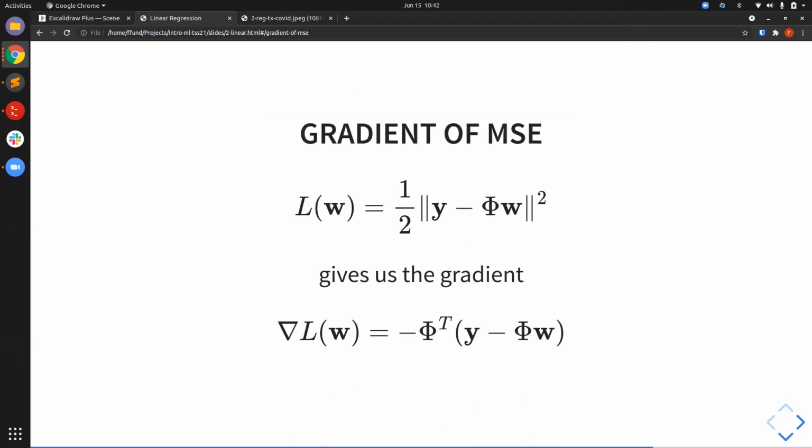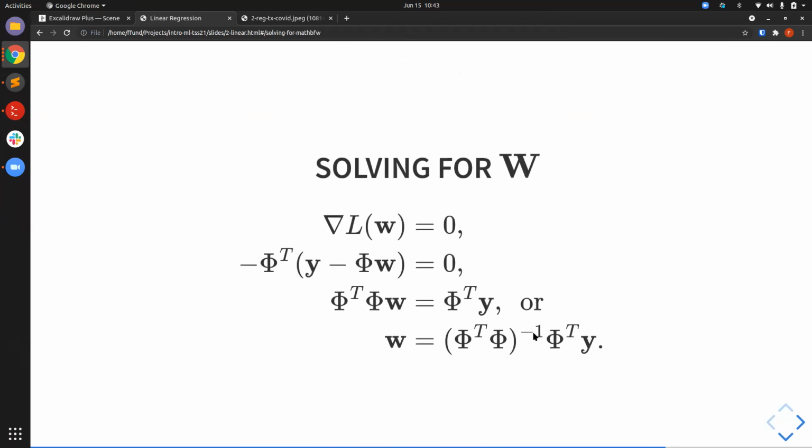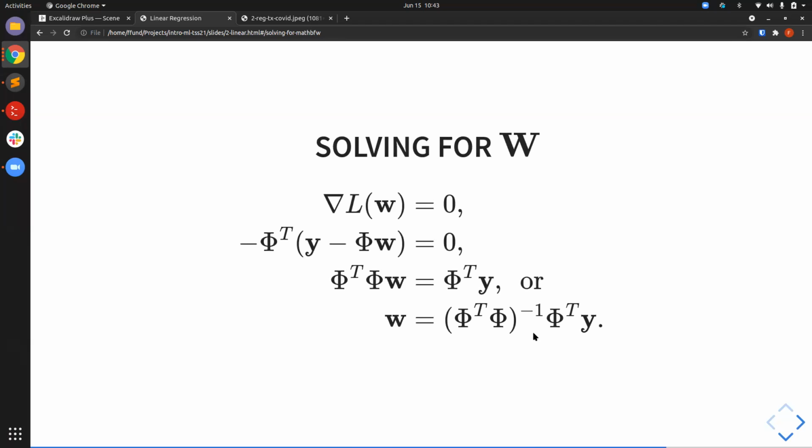All right, so we're going to take the gradient of this. Again, I'm not going to go through it, but we get this expression here. And when we set it to 0, we find our weight vector is going to be the phi matrix transpose times itself, which is a square d by d matrix, take the inverse of that and multiply it by phi transpose times y.